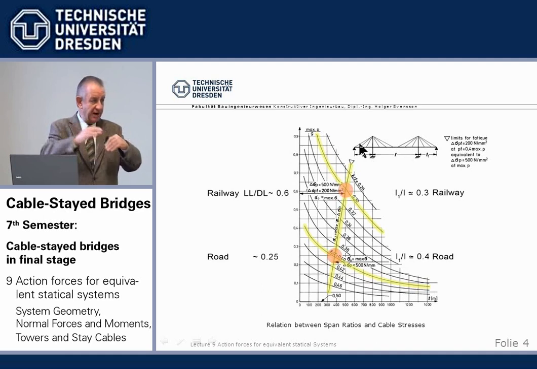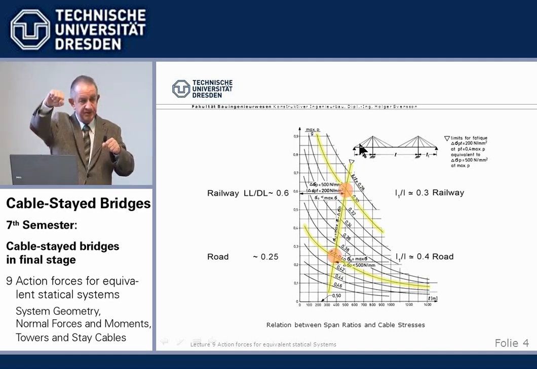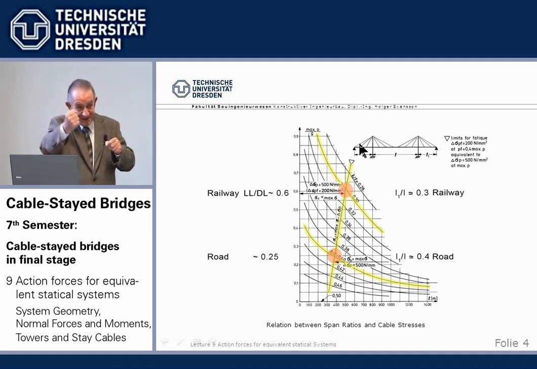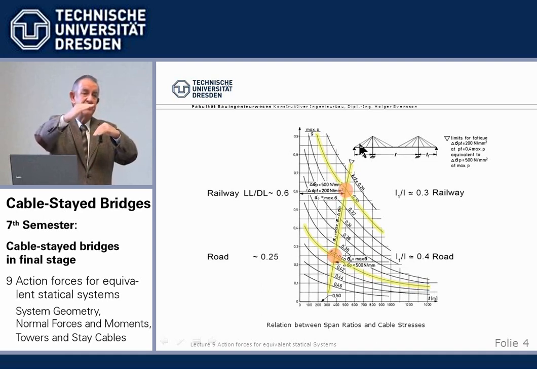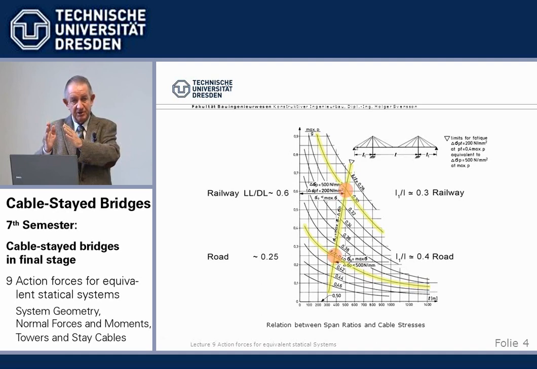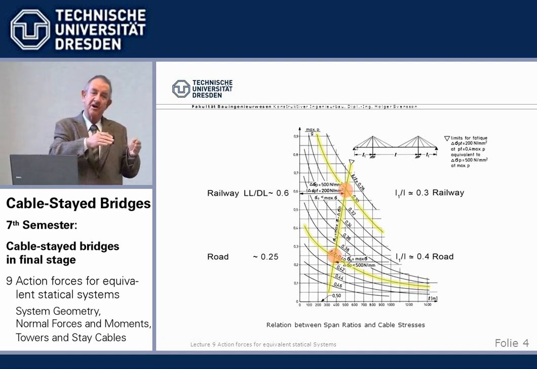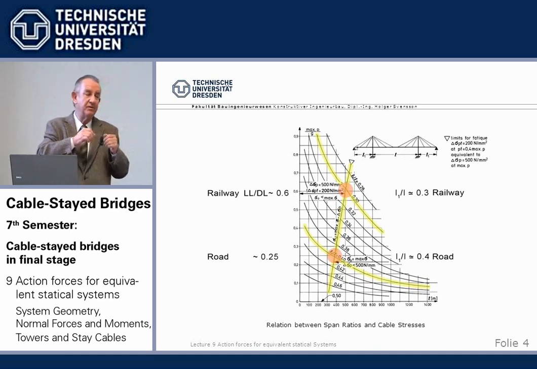It fluctuates: additional tension from live load in the main span and compression, negative tension, in the backstay. So we have a certain fatigue range in the backstays, which is the sum of the tension from main span load, plus, in this case it's absolute, the compression from the side span load.